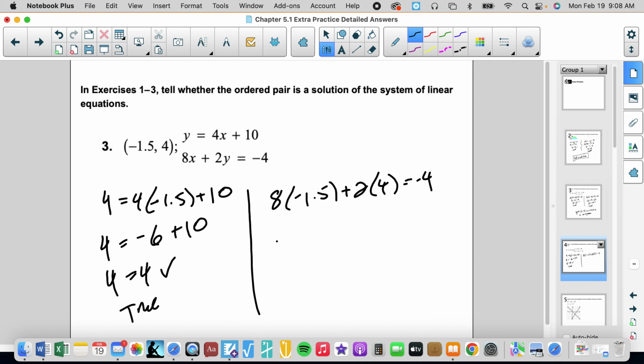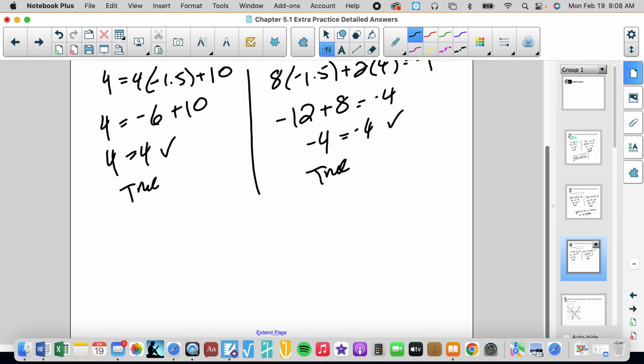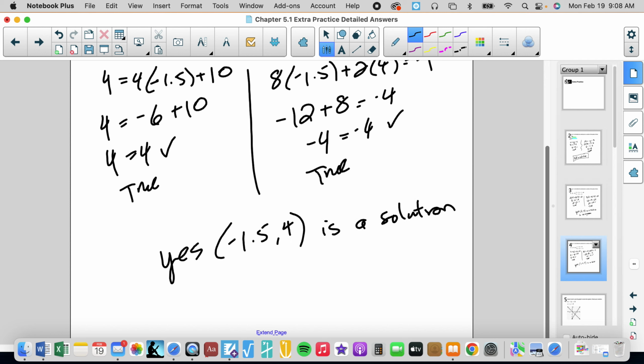So that's going to be -12 plus 8. -4 equals -4. That's true also. So yes, -1.5, 4 is a solution to the system.